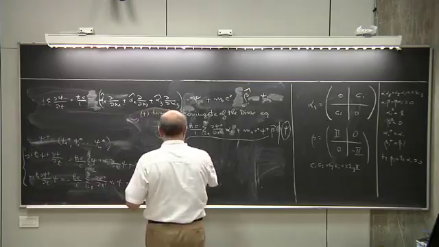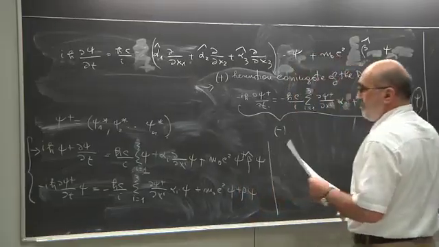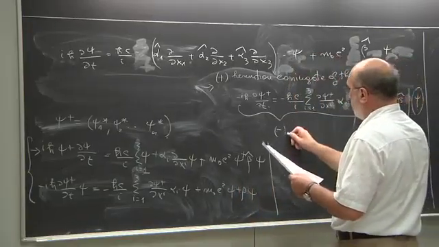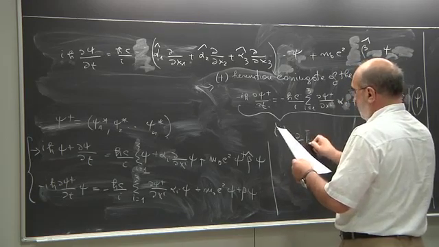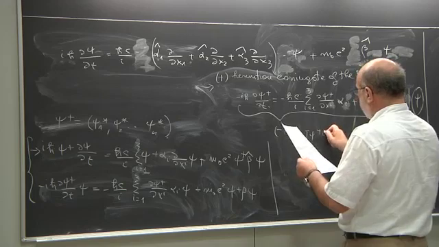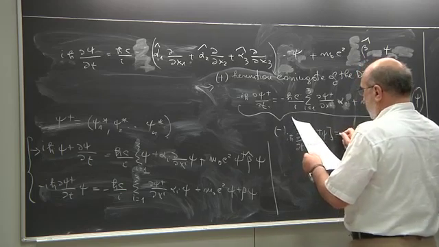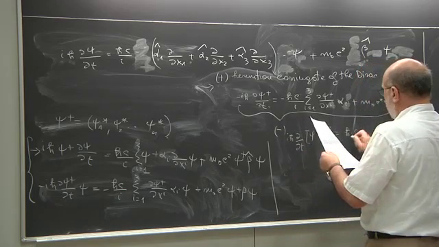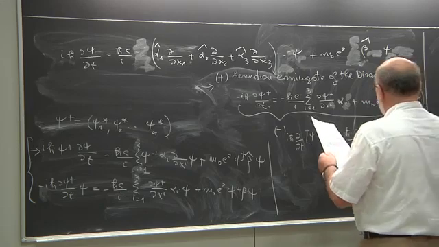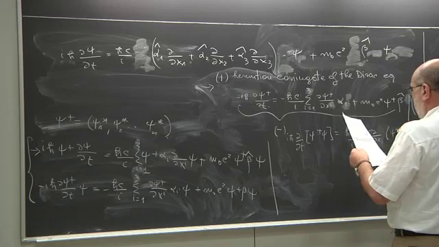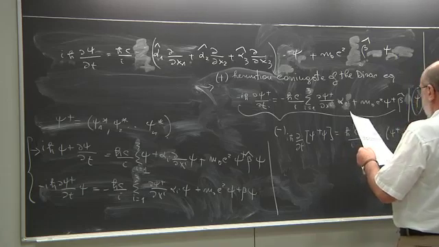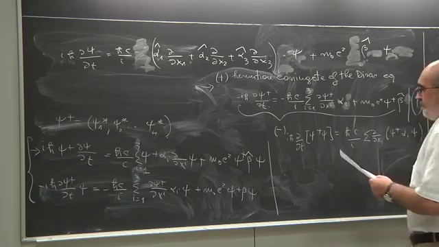Then what I get, so I subtract, put a minus, the second one from the first one, I get iħ d/dt psi dagger psi equal ħc over i sum d/dx_i psi dagger alpha i psi.